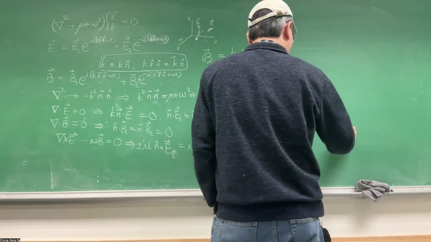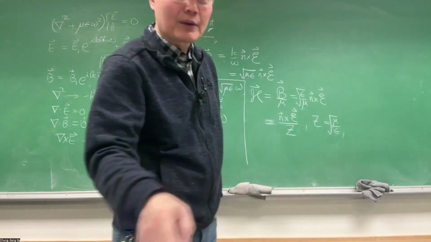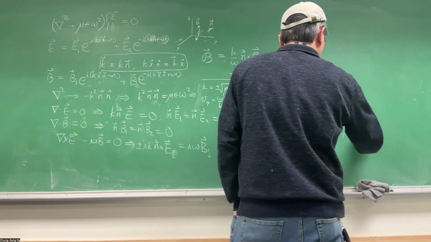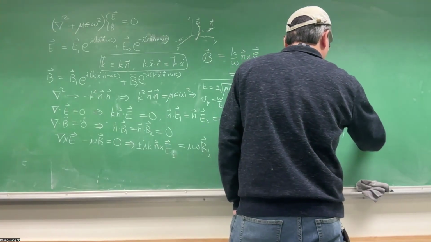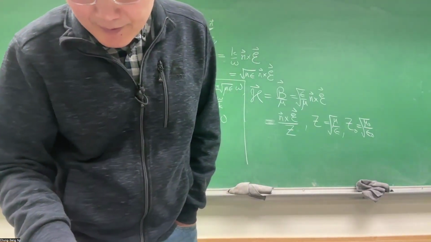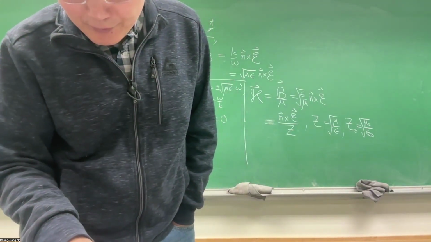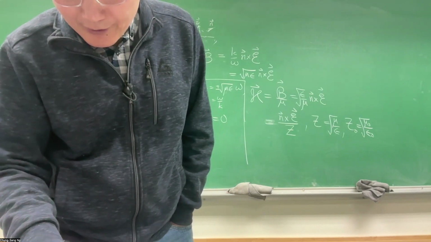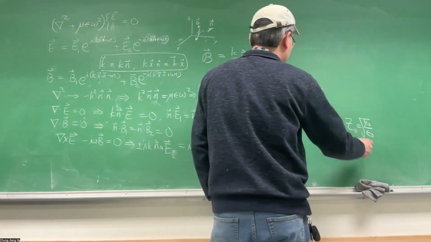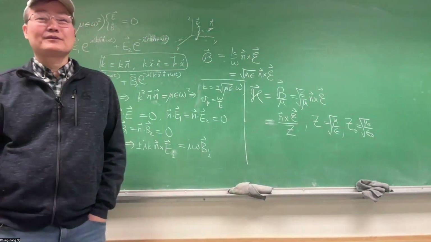So you can also talk about the impedance of vacuum, Z sub 0. And Jackson actually gave the value 376.7 ohms. That's called the impedance of vacuum.